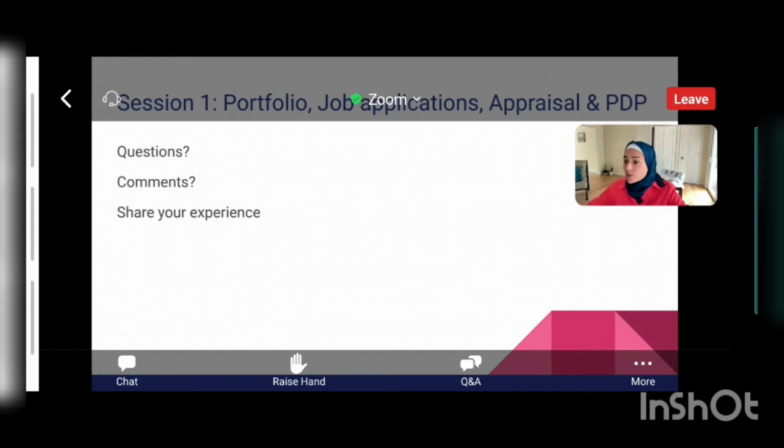At the end, we showed how it's all interlinked and how you can start now, regardless of whether you are very junior, middle, or even senior, organizing your evidence and your portfolio in a structured way to make it easy for yourself and get the most out of your time.